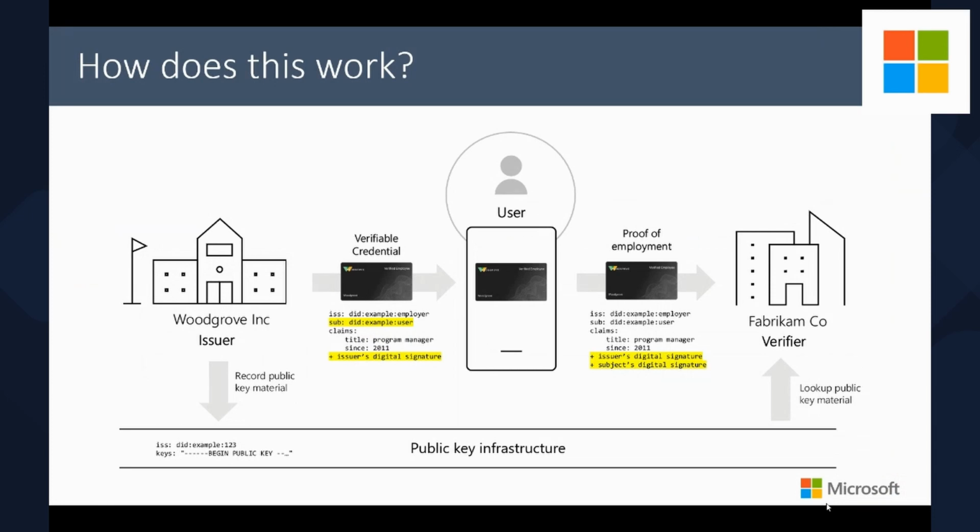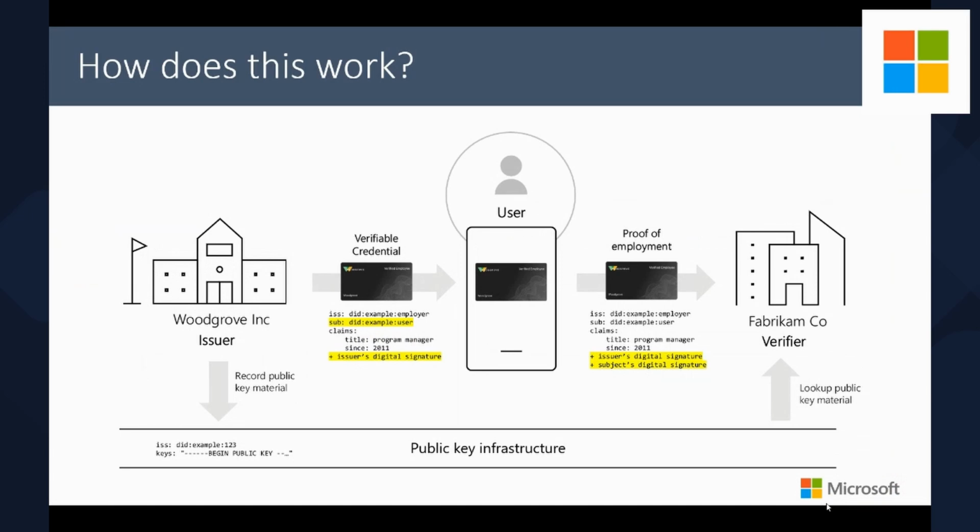So Woodgroove has its own DID recorded in the public key infrastructure. Fabricam has its own DID. So those DID, decentralized identifiers, are used in those operations to issue and verify credentials. So let's describe it. We have user, and basically right now, this user will get the verifiable credential from Woodgroove.